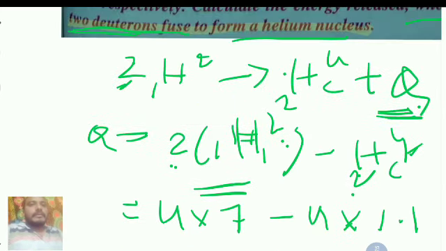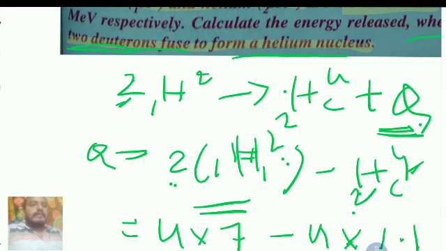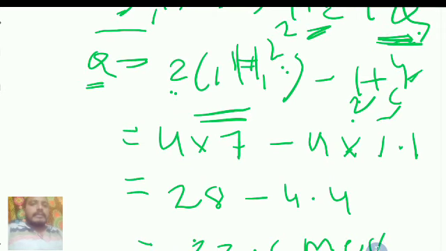So simple. Here, when two deuterons fuse, one deuteron plus one deuteron, H2, if two deuterons fuse we get a helium and energy. Keep it this side and helium on this side, so we get a minus. In this, two deuterons are there, one deuteron has 2 protons and 2 neutrons.